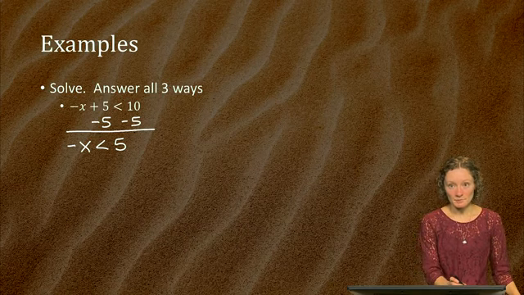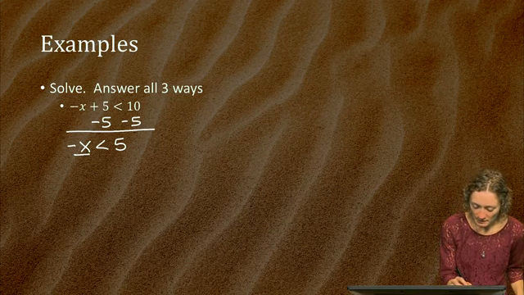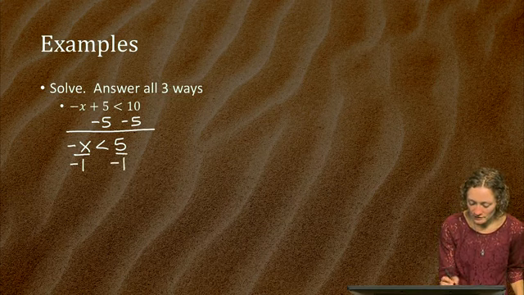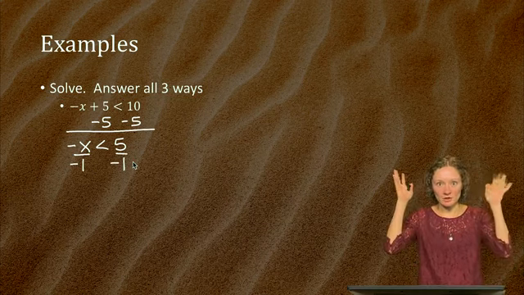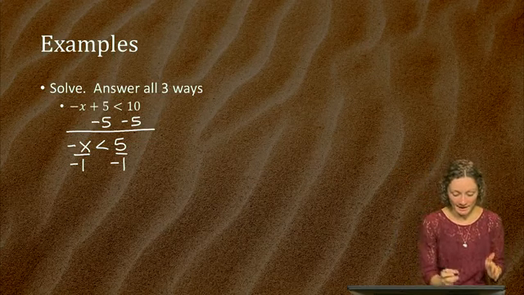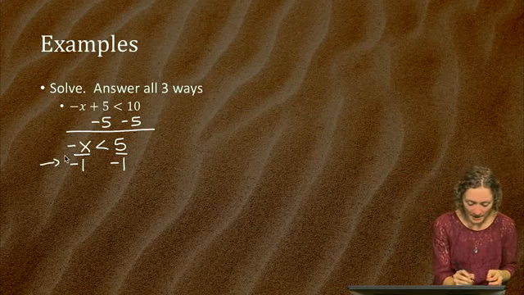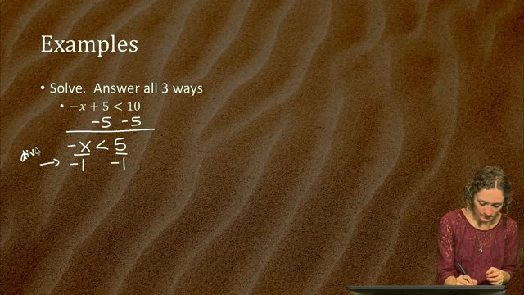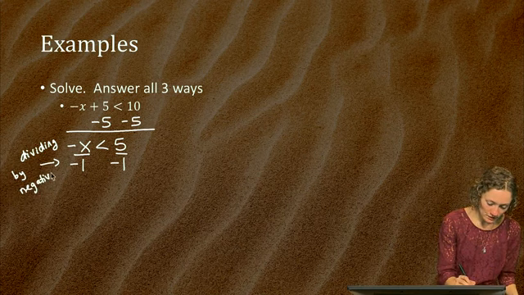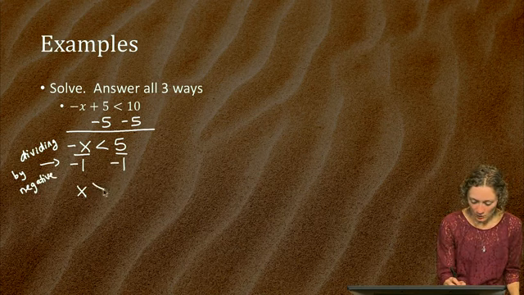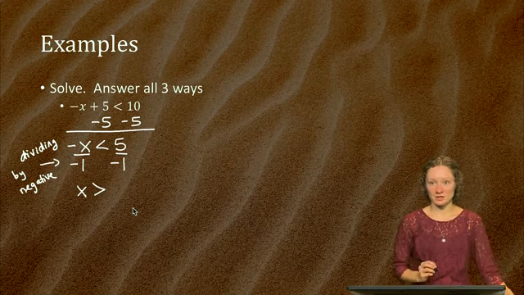Then our last step, multiply or divide. Undo the operation on x. It's being multiplied by -1, so we divide by -1, and the alarm bell should be going off. We are dividing by a negative. This is the one and only reason that the inequality symbol will flip directions.